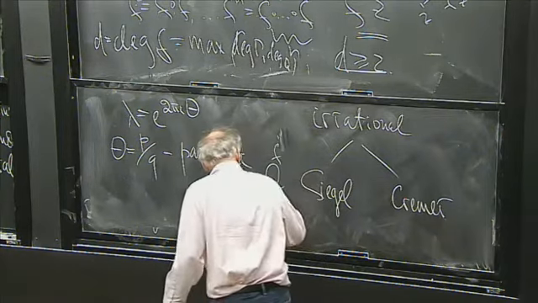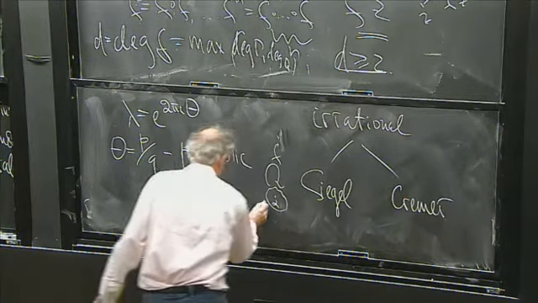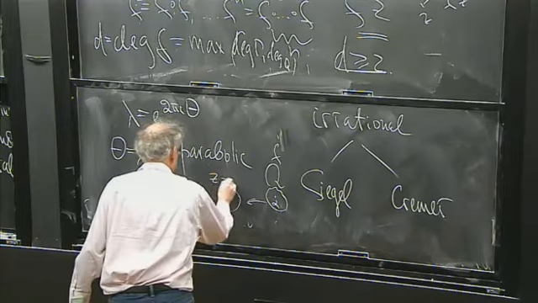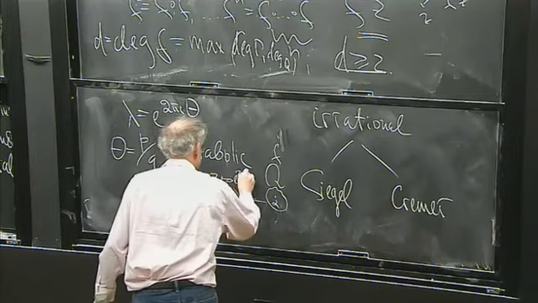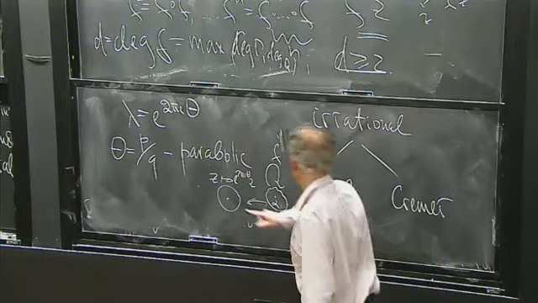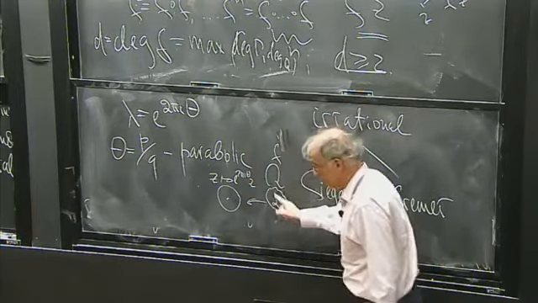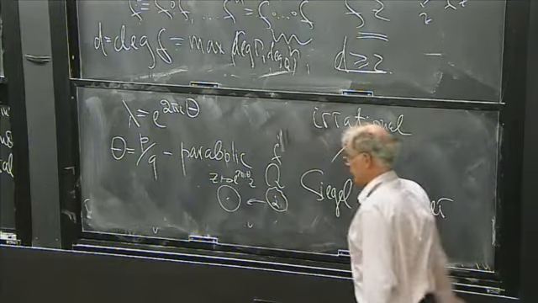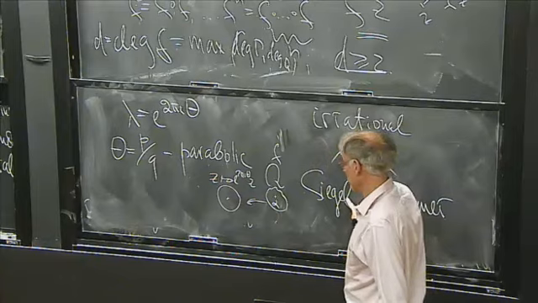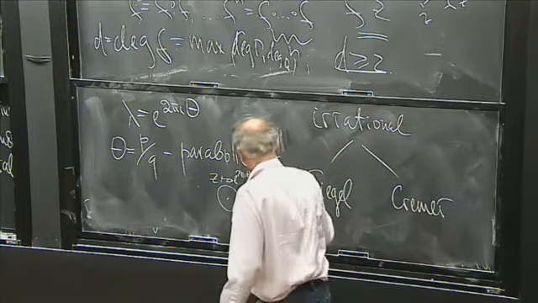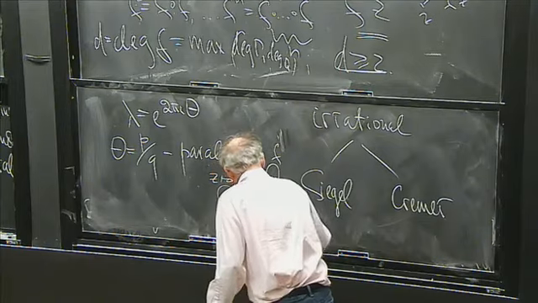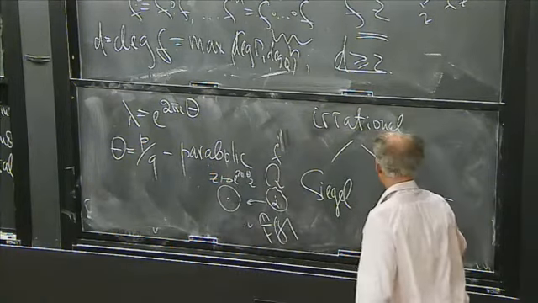So there could be some domain which can be mapped onto the disk such that the map reduces just to a pure rotation on this disk. It is the linearizable case, and it may or may not happen depending on the rotation number, and if this happens, then the case is called Siegel.